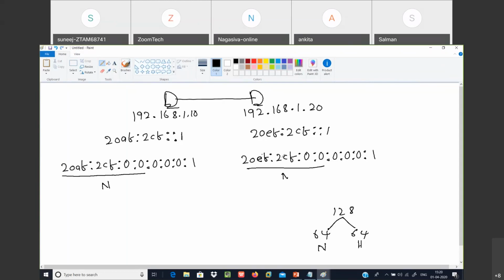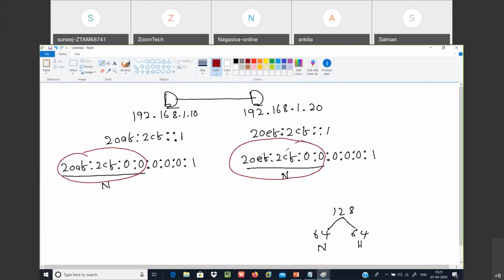Now let me compare both computers. The first computer is 20AF 2CF0, and the neighbor computer is 20EF 2F00. Are both in the same network portion or different network portions? Different network portions. Now will they communicate, guys?